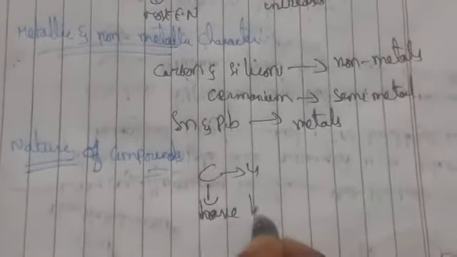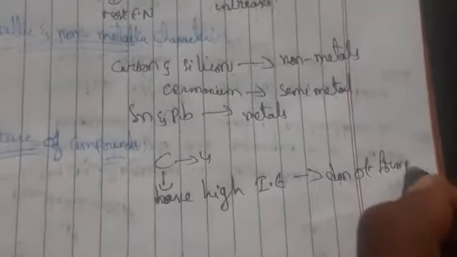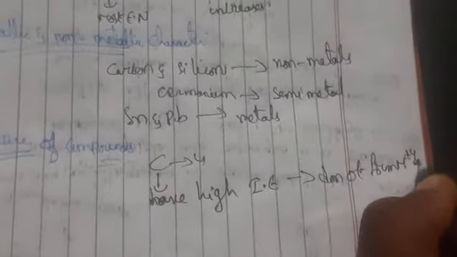So carbon valency is 4. So this one will not form M plus 4 ions because of the high ionization energy.